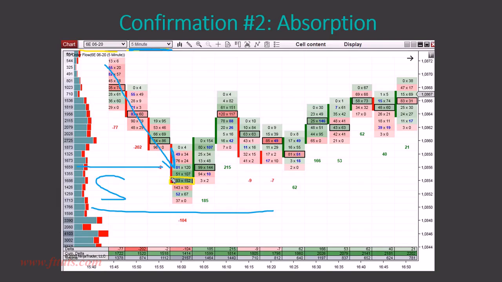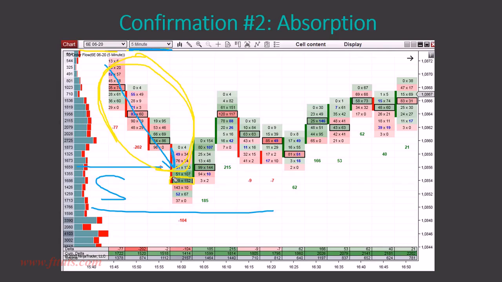Here is a nice example of the absorption. 133 on bid and 152 on ask. If you look in here, then you can see that the 133 and 152 are pretty huge numbers compared to the volumes in footprints which got created before that.